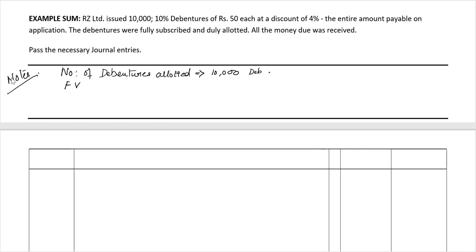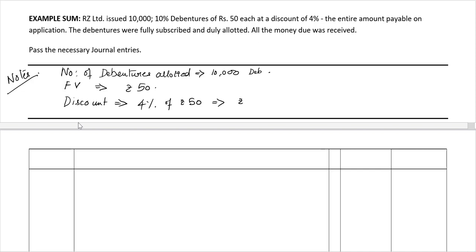The face value of each debenture is rupees 50. The discount is 4% on the face value, which is 4% of rupees 50, which in other words is rupees 2.